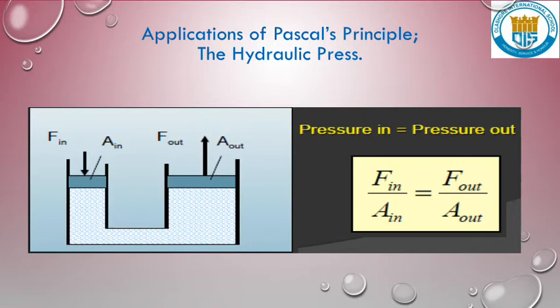And if pressure in equals pressure out, what it means is that force in over area in is equal to force out over area out. Or you could say that input force divided by the input area is equal to the output force divided by the area of the output piston.